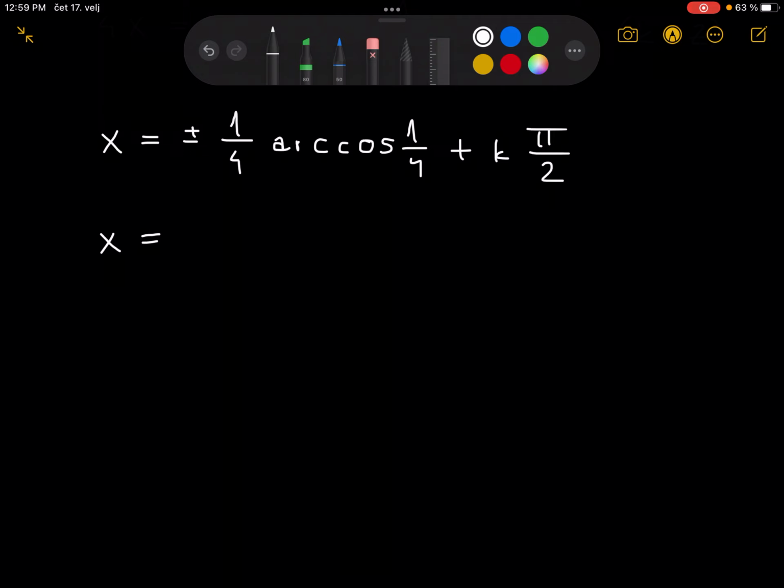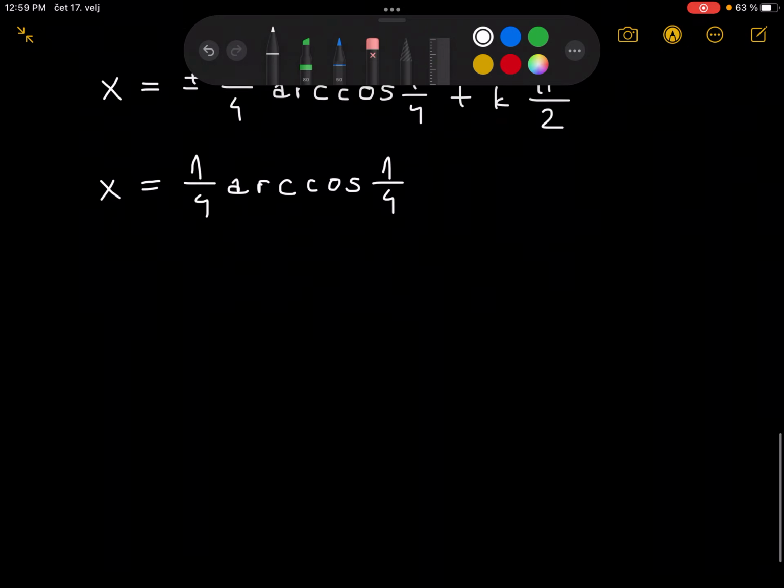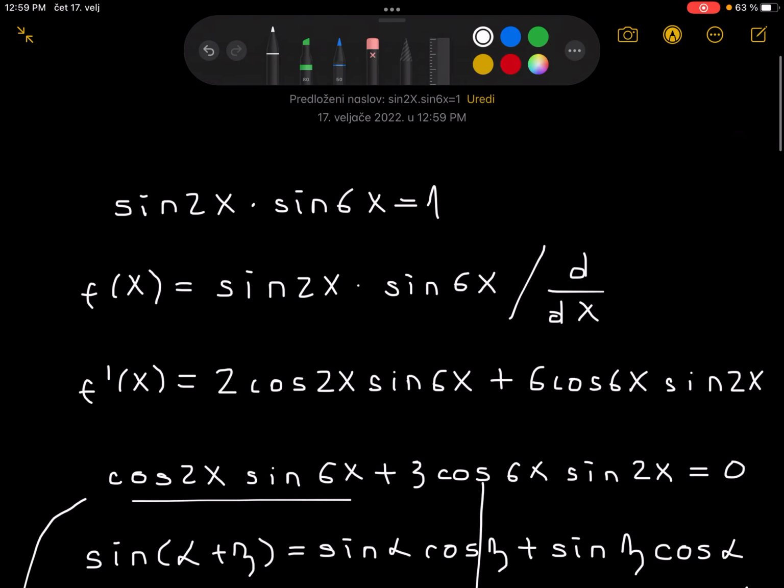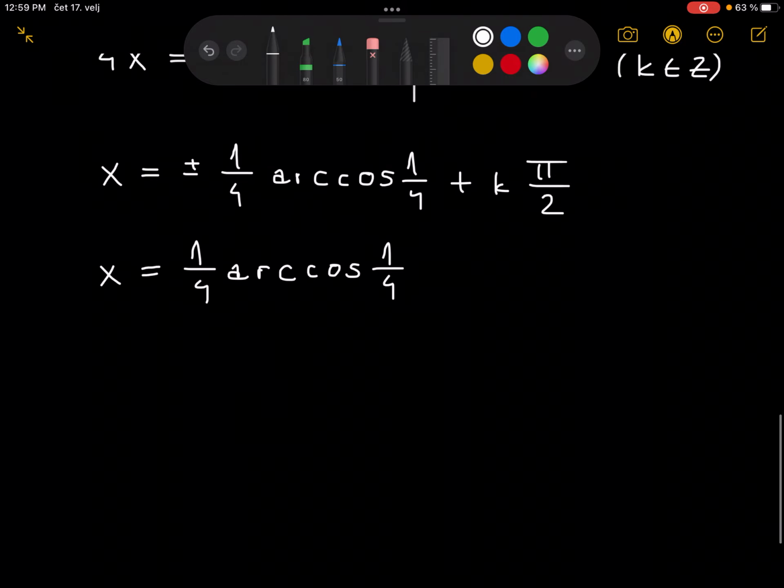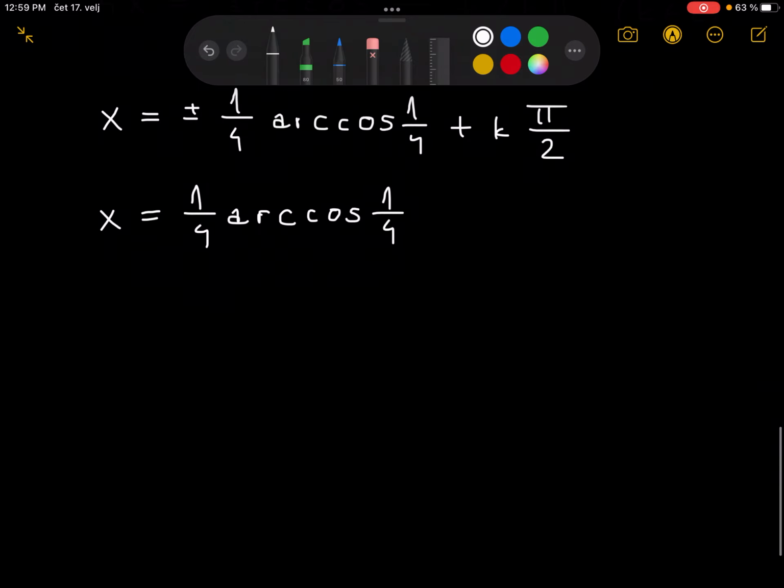I'm going to say that k is equal to 0, and that will give us 1 over 4 times arc cosine of 1 over 4. Okay, and now we're supposed to find out whether this value will give us a maximum or a minimum extreme value.